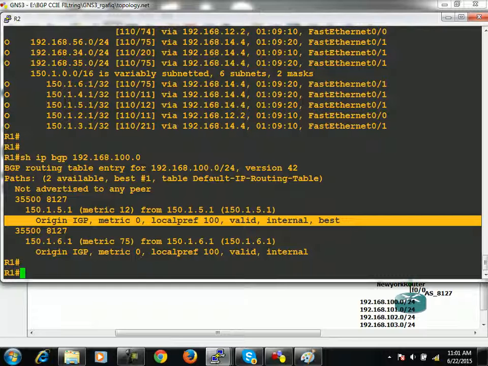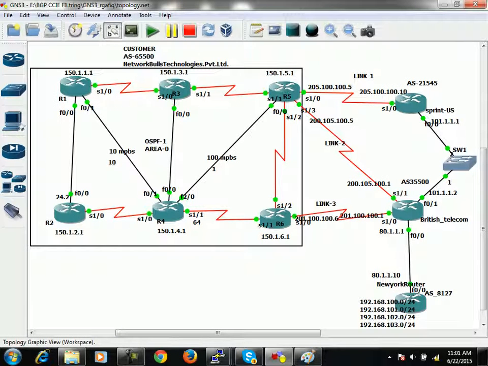Now to solve this or to prove it, what can we do? We can configure its cost on F2 by 0 as 65 in place of 1. On R4 I will modify its OSPF cost, so that the overall cost from R1 to reach the loopback of R5 will change. Now it will become higher than via R6.